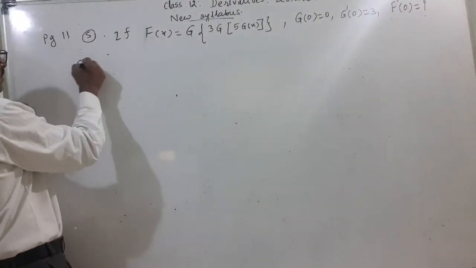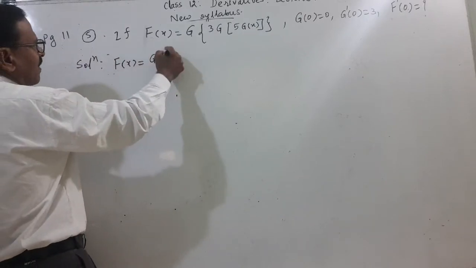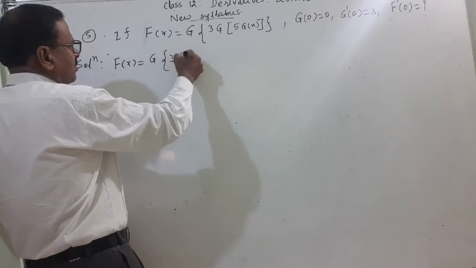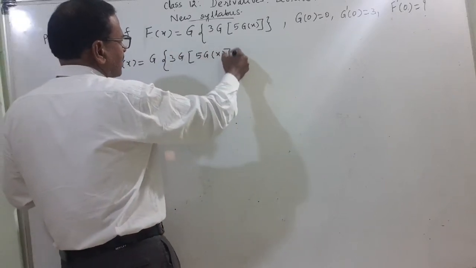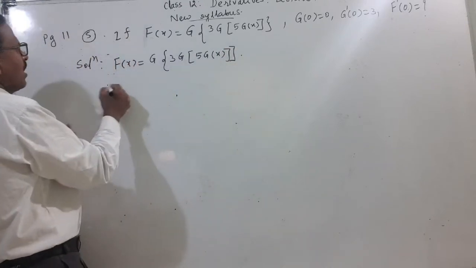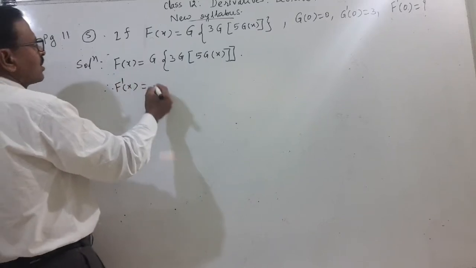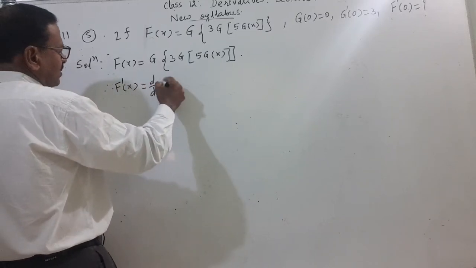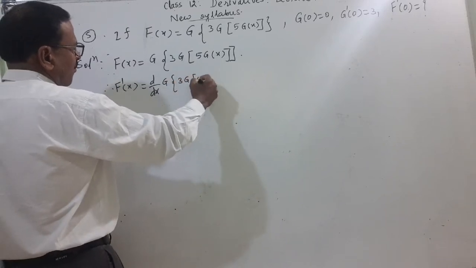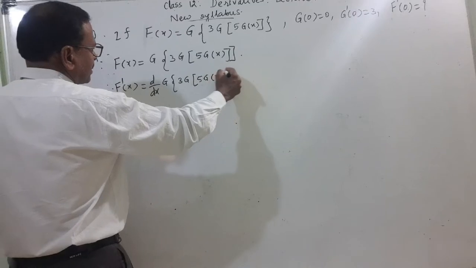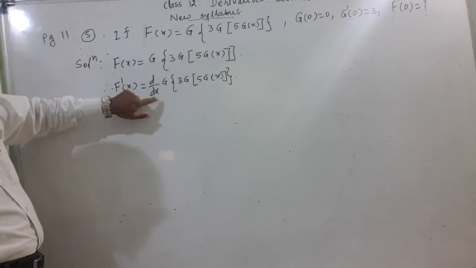Solution. The first step I will write as it is: f of x is equal to g of 3g of 5g of x. Therefore, I am going to take the derivative. Derivative of this will be f dash of x is equal to d by dx of g of 3g of 5g of x.